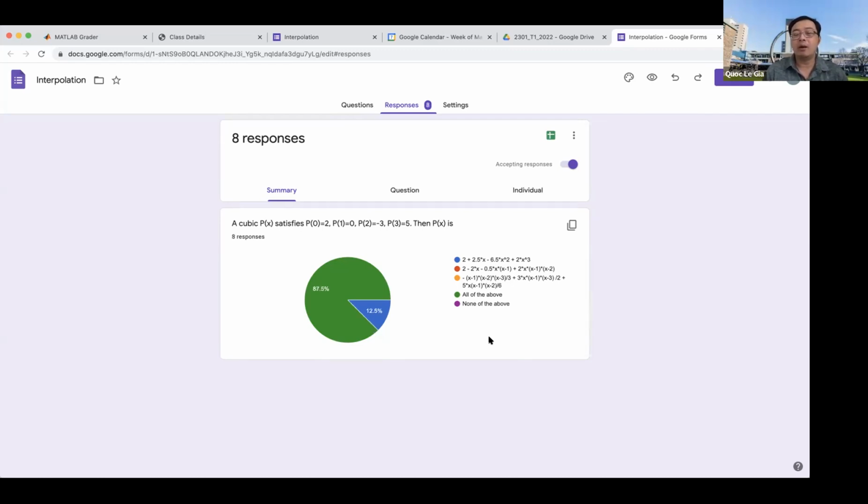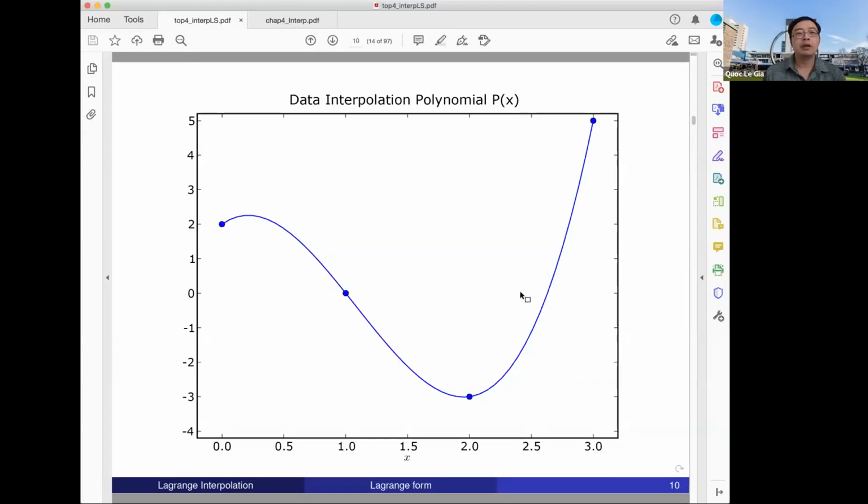So all of the above satisfy the condition. That is the method: you have a unique polynomial that satisfies the condition.